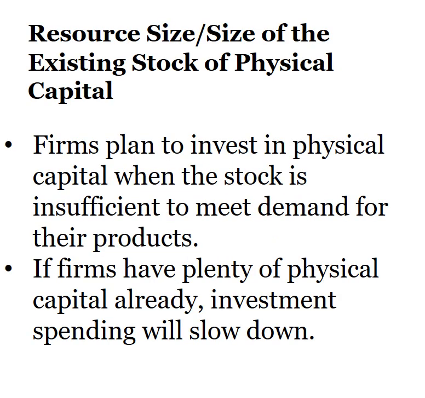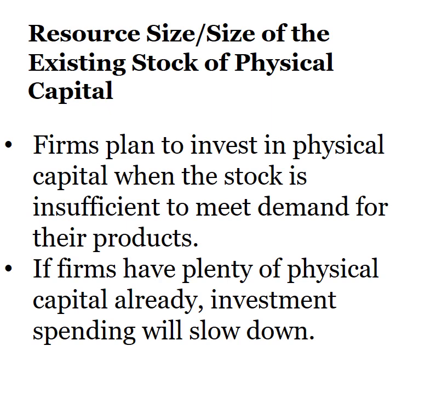Resource size can be an individual business decision. This is the idea that we've learned that firms have planned investment spending and unplanned investment spending. And often they decide when to spend money based on the current existing stock of physical capital. Remember, physical capital are tools.